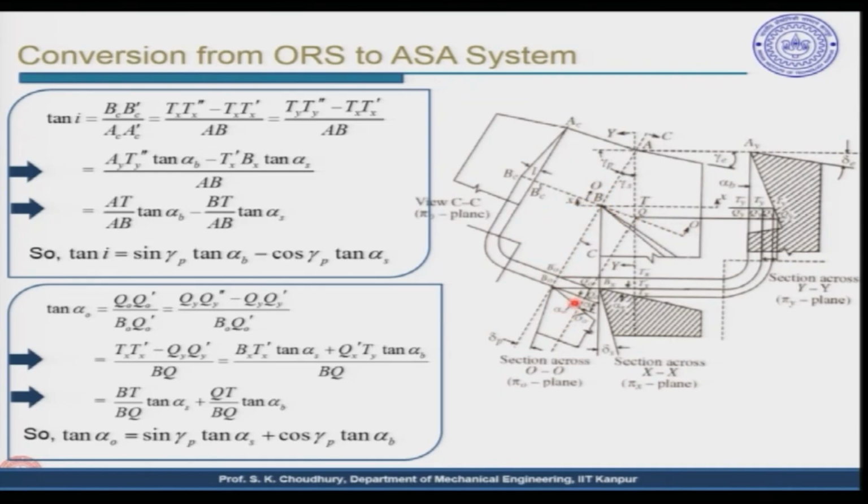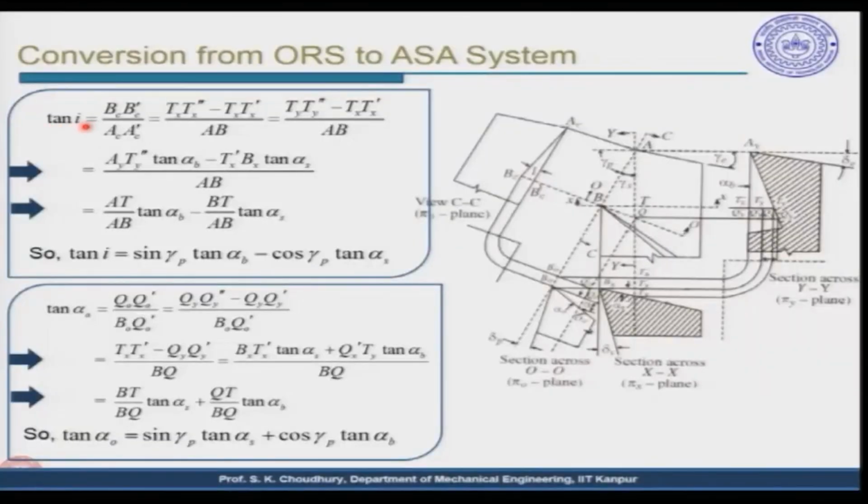This is the orthogonal rake angle and this is the principal flank angle and so on. So, you can see all the angles of the ORS here, and of the ASA here and here. If you can correlate them, then we can actually have the relationship between the angles from the ORS to ASA and vice versa, ASA to ORS. Let us see how it can be done.